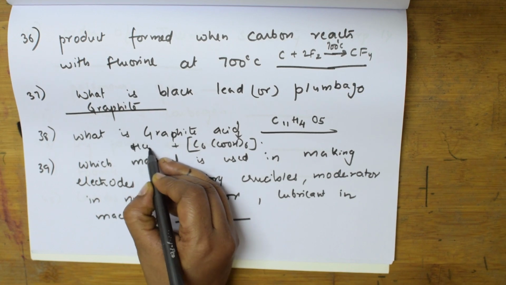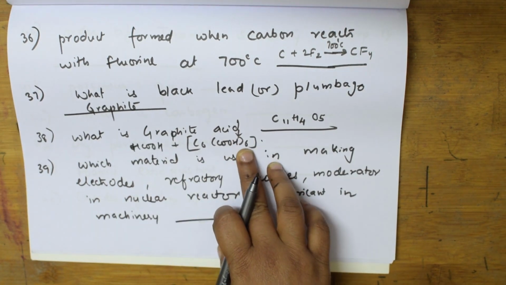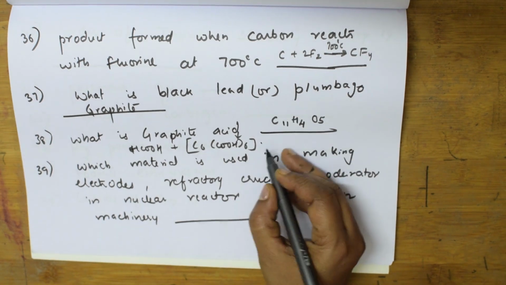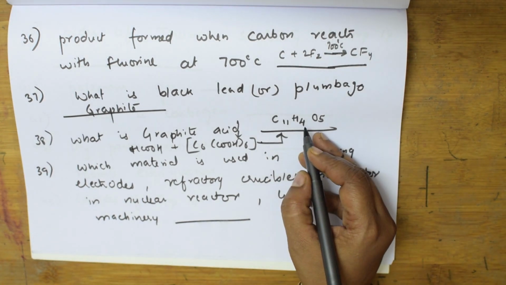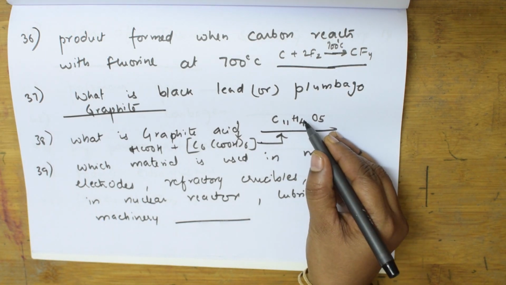Then I take this and treat it with concentrated nitric acid or concentrated sulfuric acid. Then I get graphite acid. So this compound oxidizes to form graphite acid.